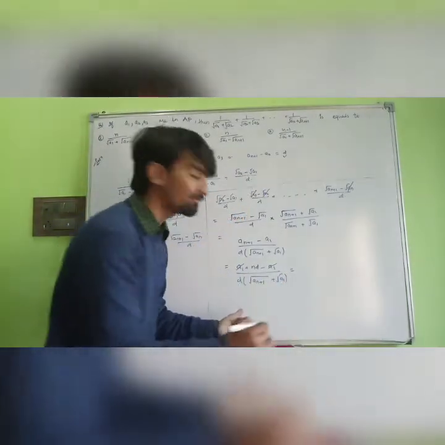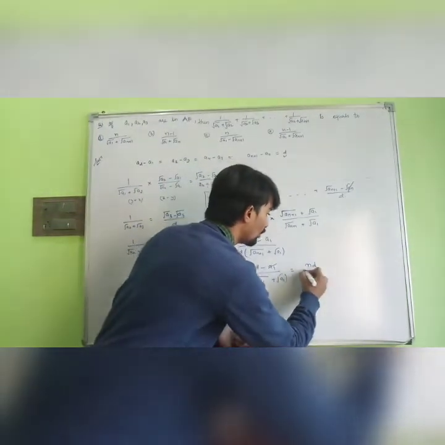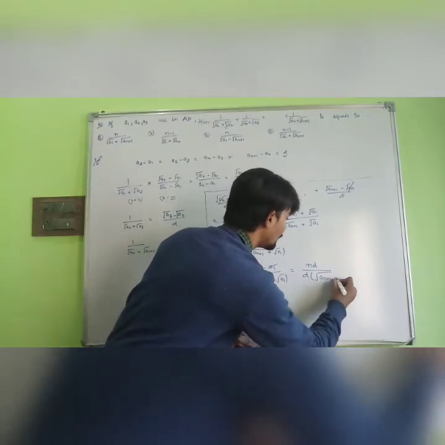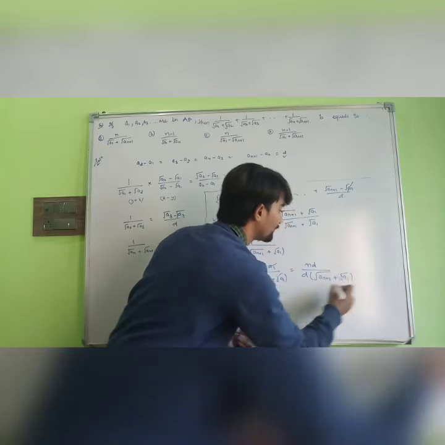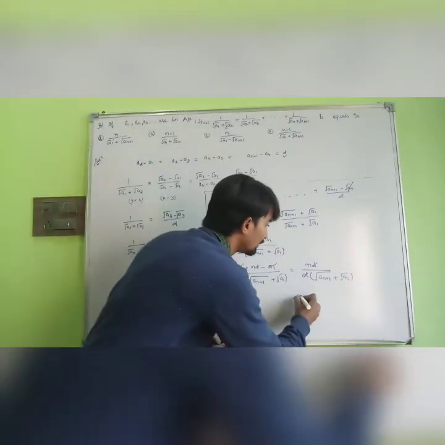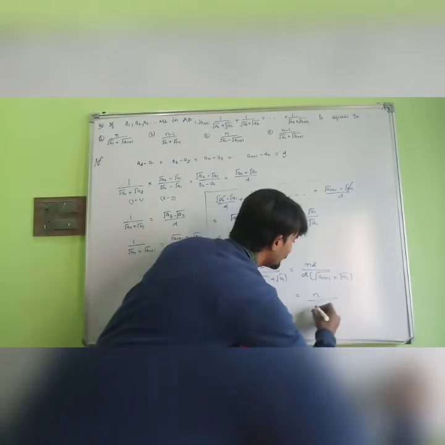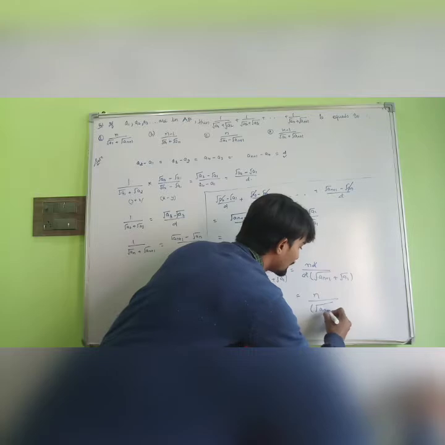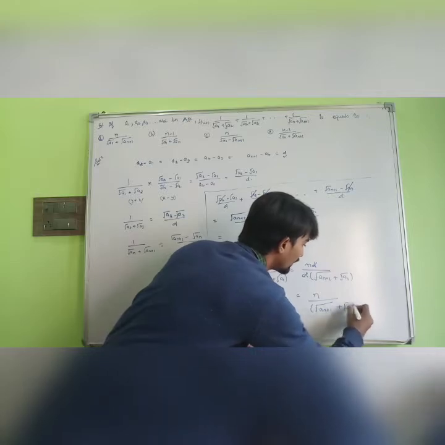We are finally left with nd over d times root an+1 plus root a1. Okay, now d and d will cancel each other. Finally we are left with n over root an+1 plus root a1.